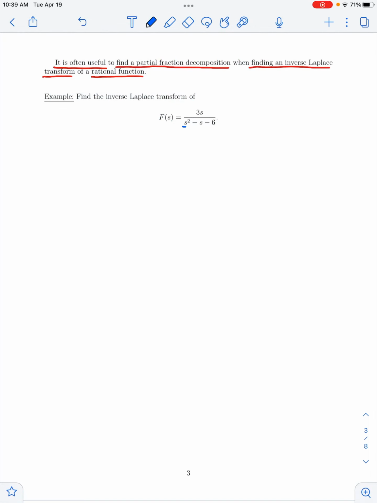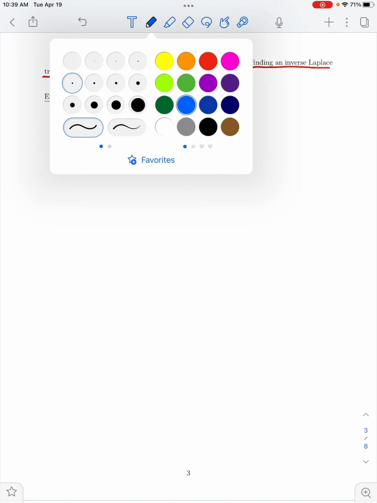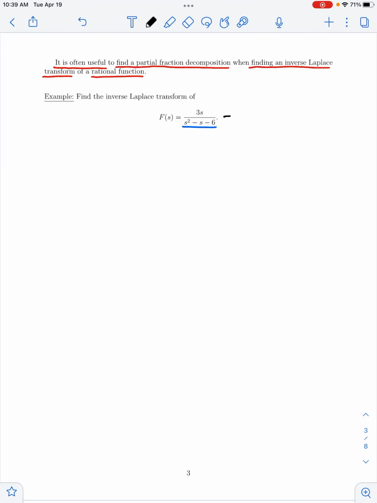And the first thing I do is to look at the form of my denominator. Here I have a denominator which is a quadratic, but it's not a sum or difference of squares. But it could be factored down to linear terms.